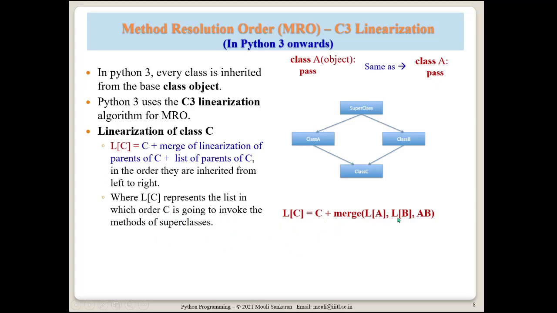So this is the order in which the method in class C is going to be invoked, one by one. If it is not found in the first, it is going to search in the next.